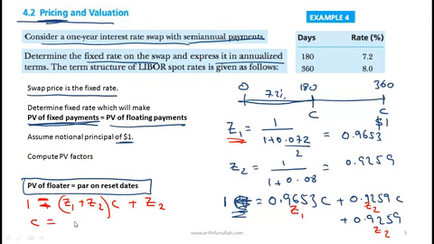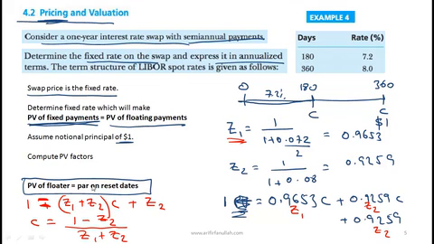C is equal to 1 minus, what was Z2? It was the discount factor for the second payment, divided by Z1 plus Z2. So this is the formula that we just derived for the fixed payment every 180 days in this example. Can you memorize this?